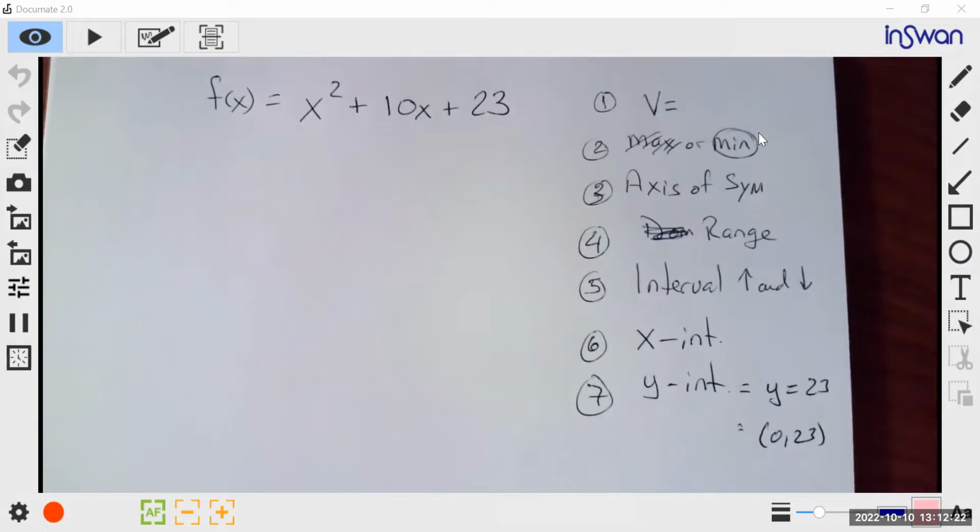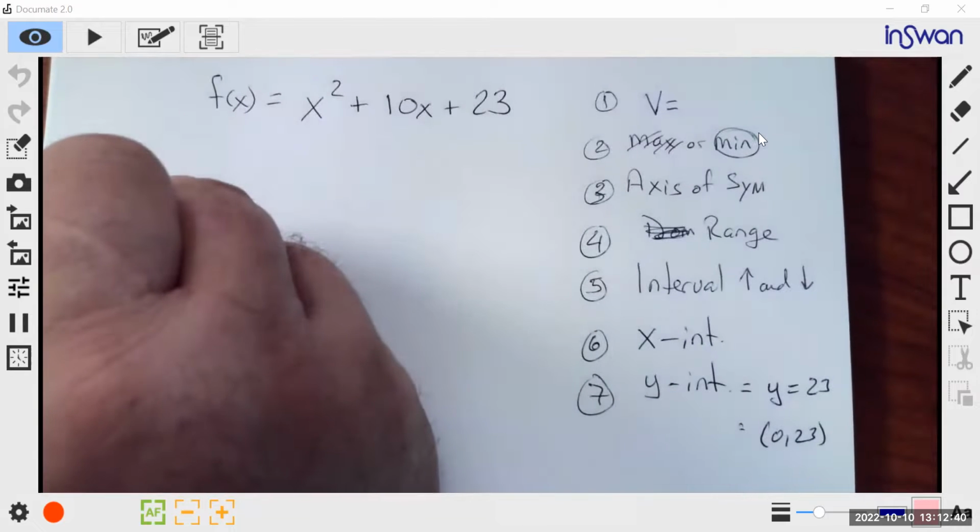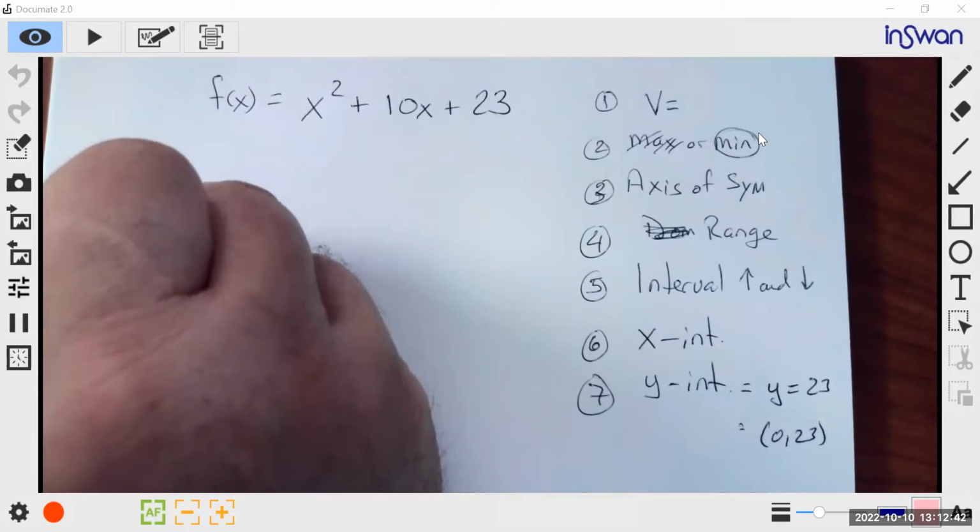Well, we can't figure out anything else yet. So what method are you going to do? You're going to convert this to vertex form or use the formula for the vertex? Which is what? What's the formula for the vertex?